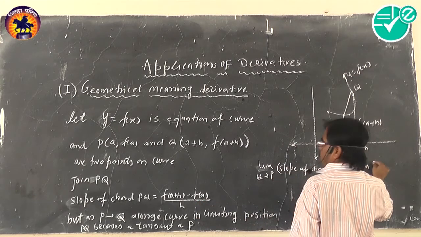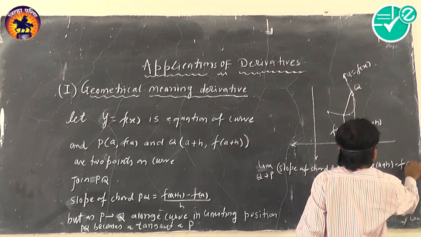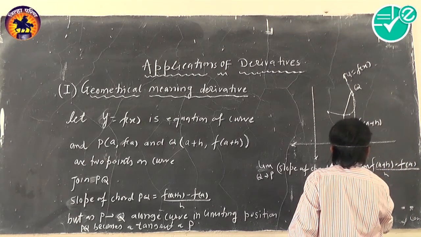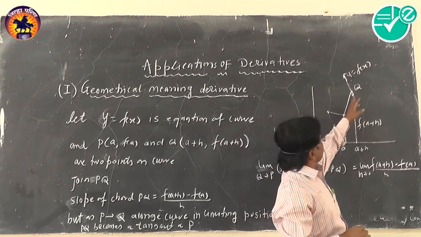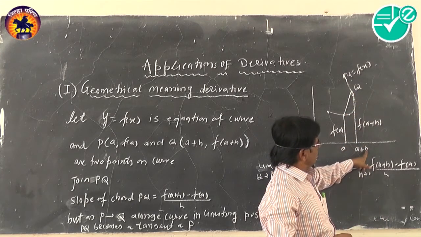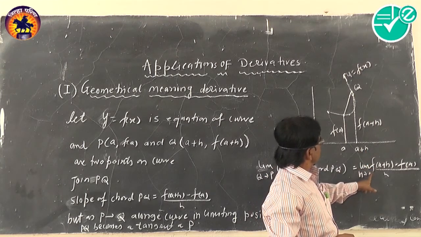the limit of f of a plus h minus f of a upon h as h tends to 0, because as point Q approaches P along the curve, h becomes a smaller and smaller quantity, that is, h tends to 0.